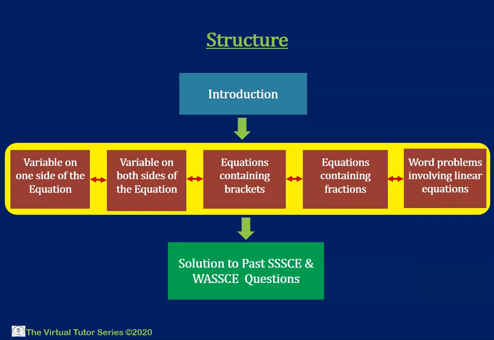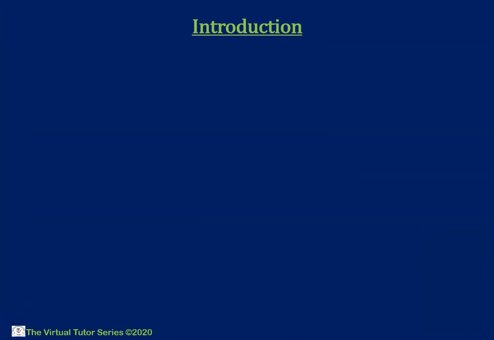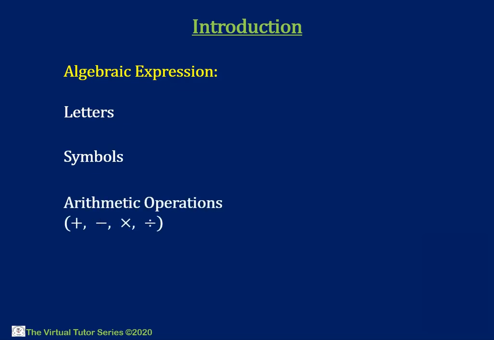For a better understanding of the topic, let's take a look at some key terms and concepts. In our previous lessons on algebraic expressions, we learned that an algebraic expression is an expression which is made up of letters and symbols, along with at least one of the arithmetic operations, that is, addition, subtraction, multiplication, and division.